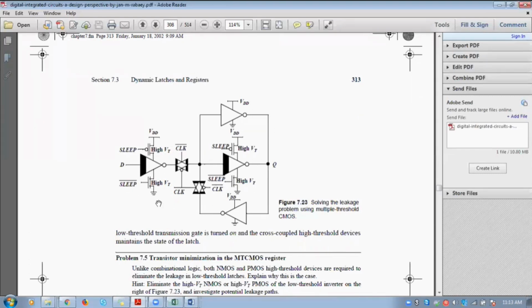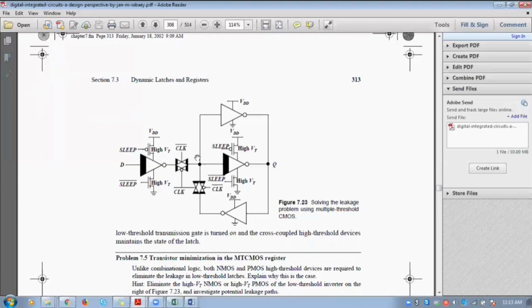So according to this structure, when the circuit is in idle mode or sleep mode, the normal high voltage transistors will get active, and your transmission gate is going to sample the D value when clock equal to 0, as NMOS is connected to clock.